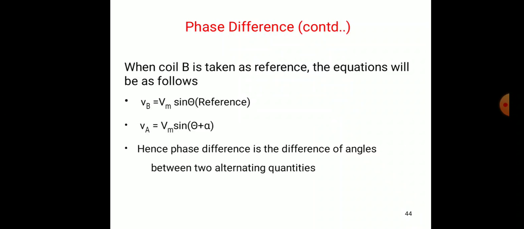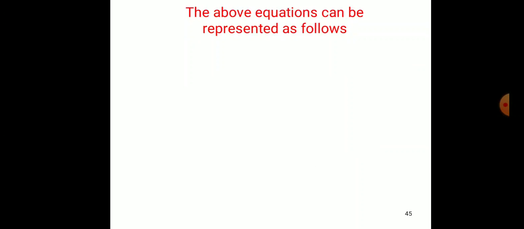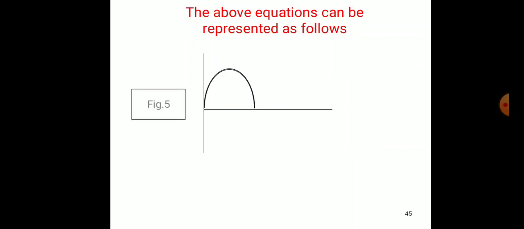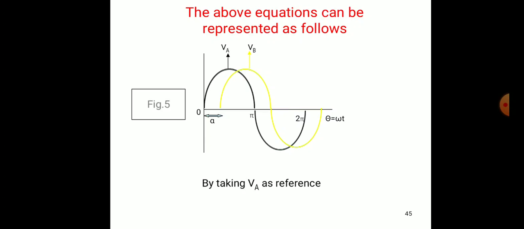VA equal to Vm sin theta plus alpha. Hence, phase difference is the difference of angles between two alternating quantities. The wave is shifted, and the difference is alpha.